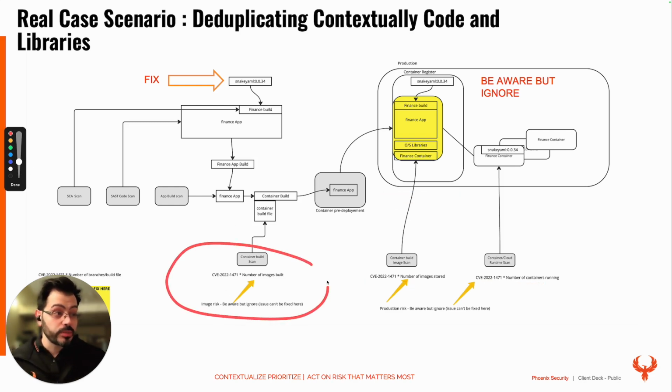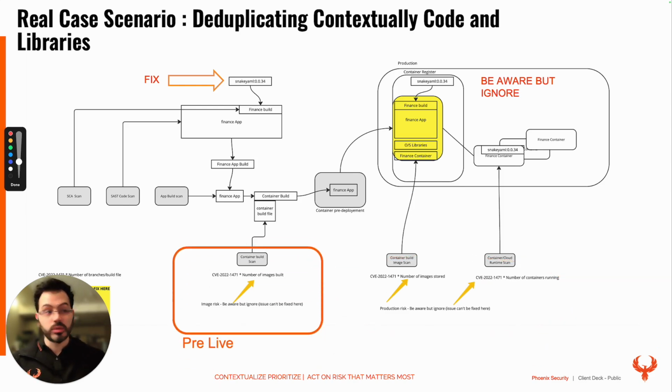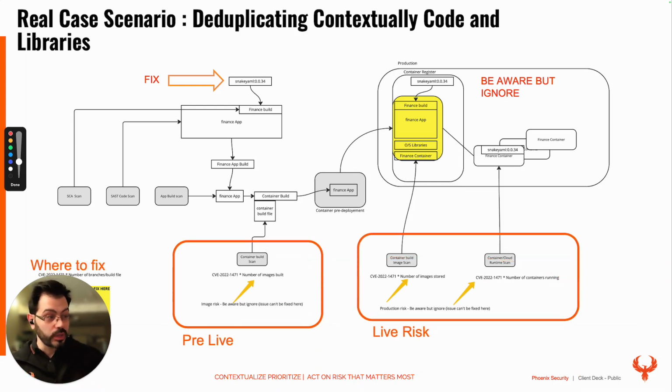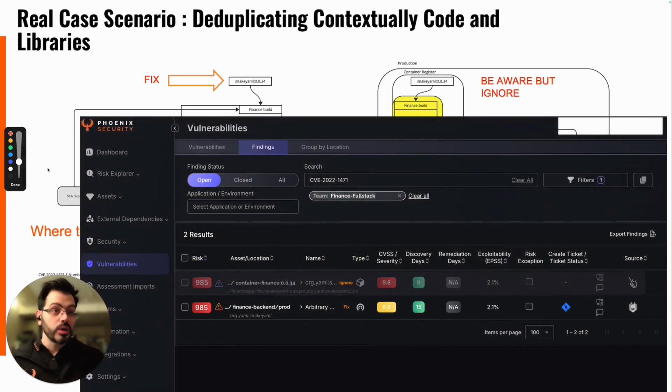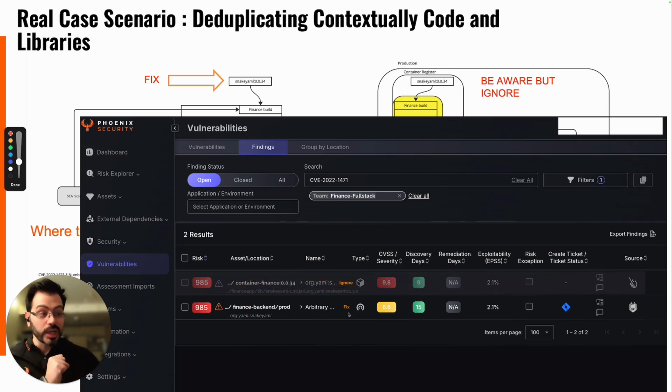The same vulnerability appears in two elements, and so fundamentally with Phoenix, what we do is we call this live and pre-live, and we dynamically ignore the things, we dynamically point you to the SCA or to the library where you can actually fix the vulnerability, versus the one where you can't fix it on the container side, because fundamentally those libraries are detected in a particular instance.